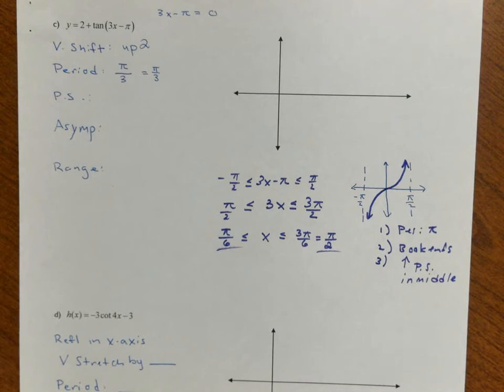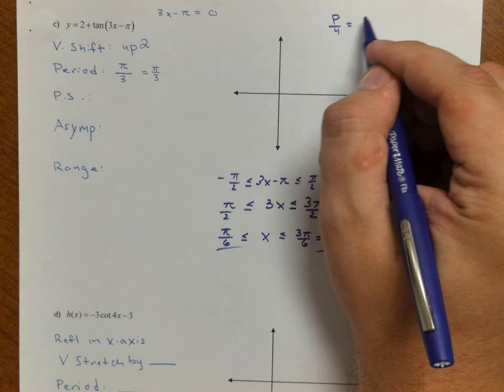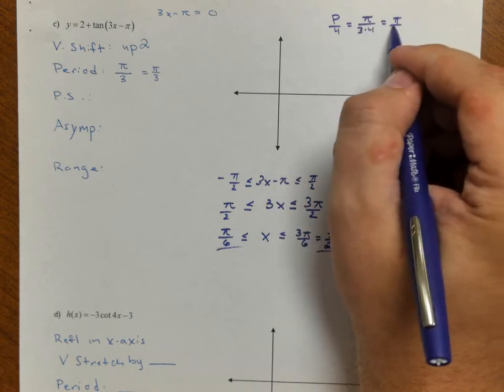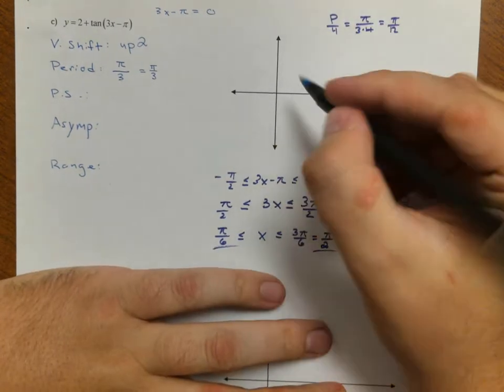When I go to label my axes, my vertical shift is up 2 units, and I can see what my period is. I'm always going to divide my period by 4, so pi over 3 becomes pi over 12. I want to count by pi over 12.